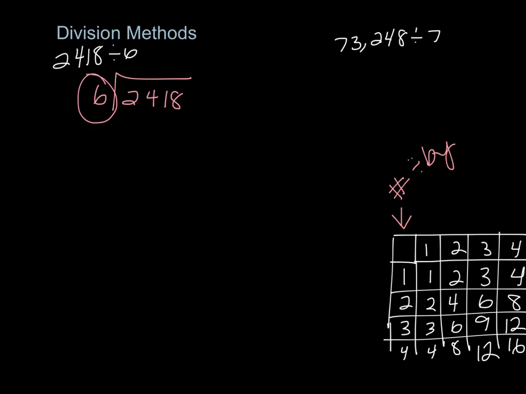So we would look for row 6, and the numbers we would be looking in would be the inside. The inside numbers are the numbers we're looking inside the multiplication chart.